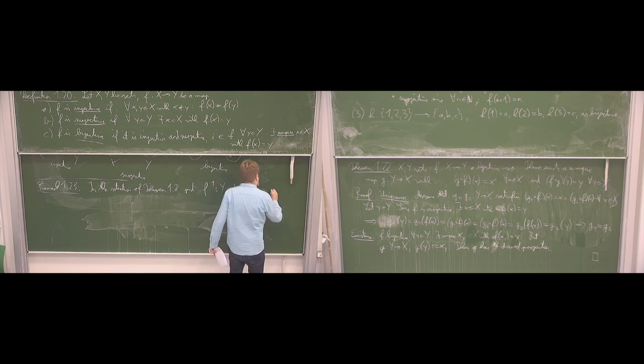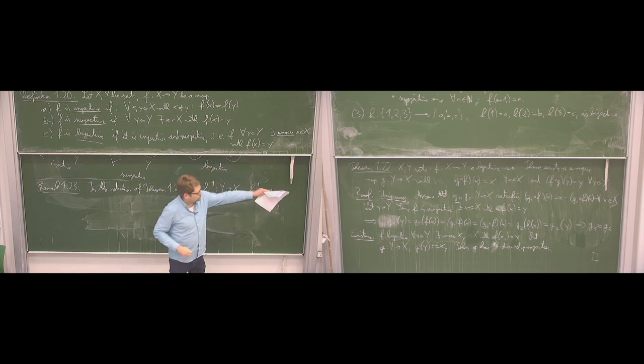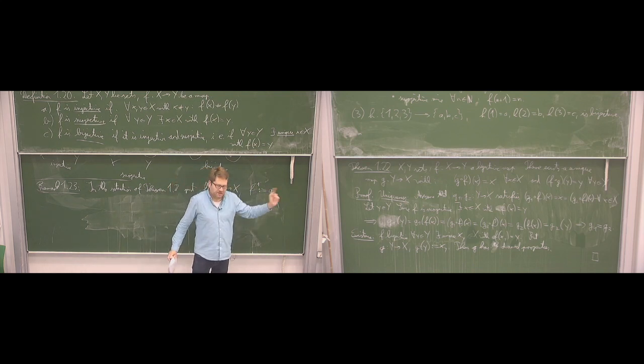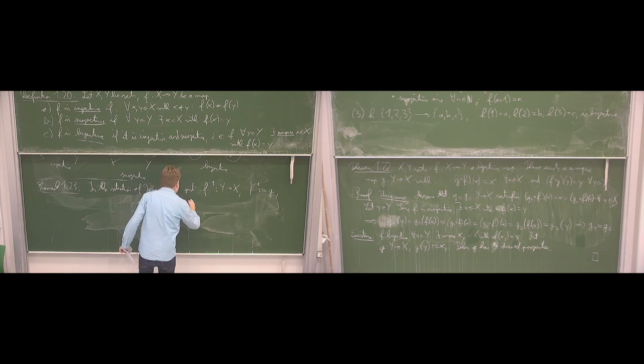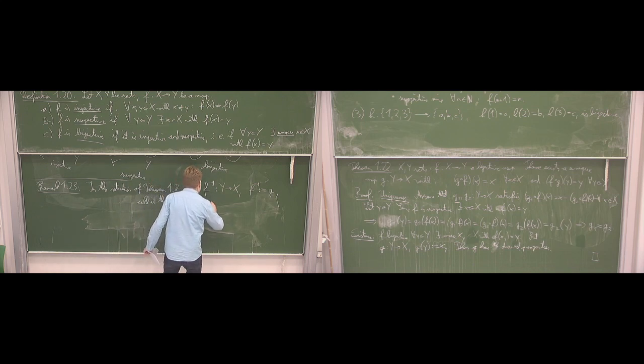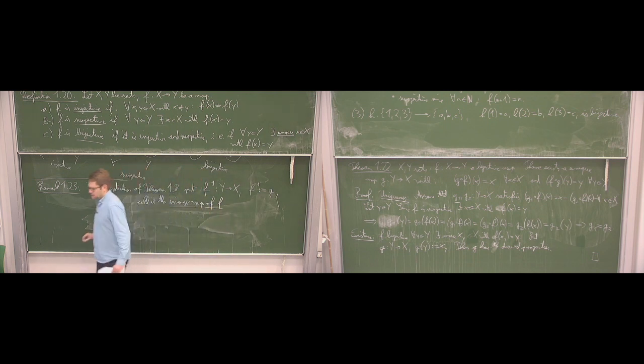So the map which has this property that it's really redoing what f has done is then denoted by f to the minus 1, and this is called the inverse map of f. Inverse map.